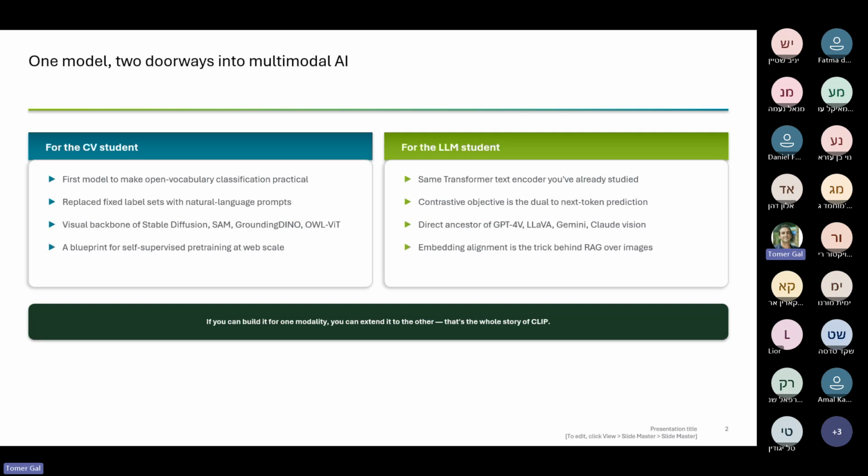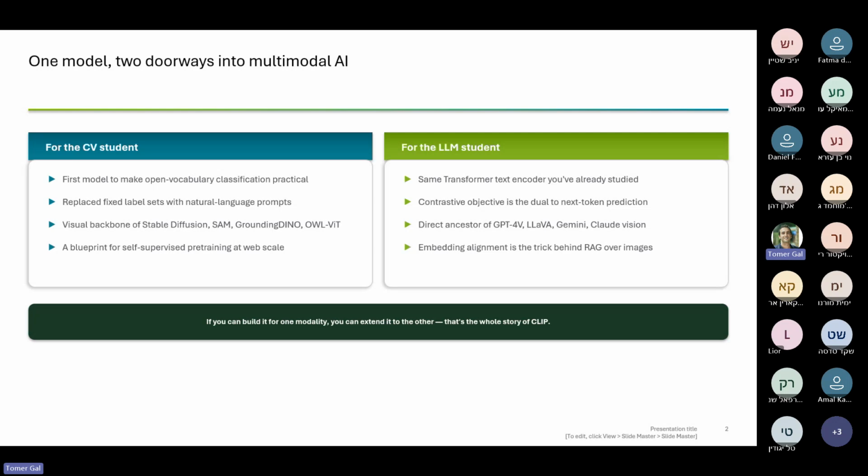Okay, so there are two sections here, right? One if someone comes from the aspect of computer vision, one if someone comes from the aspect of LLMs. For computer vision, prior to CLIP, vision was a closed set discipline, right? You used to pick a data set, you picked your 1,000 labels, and the model could only see those classes.